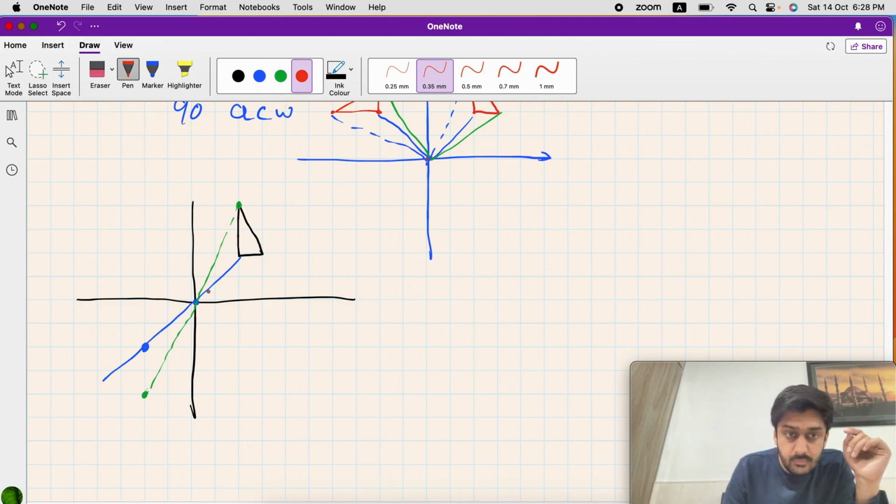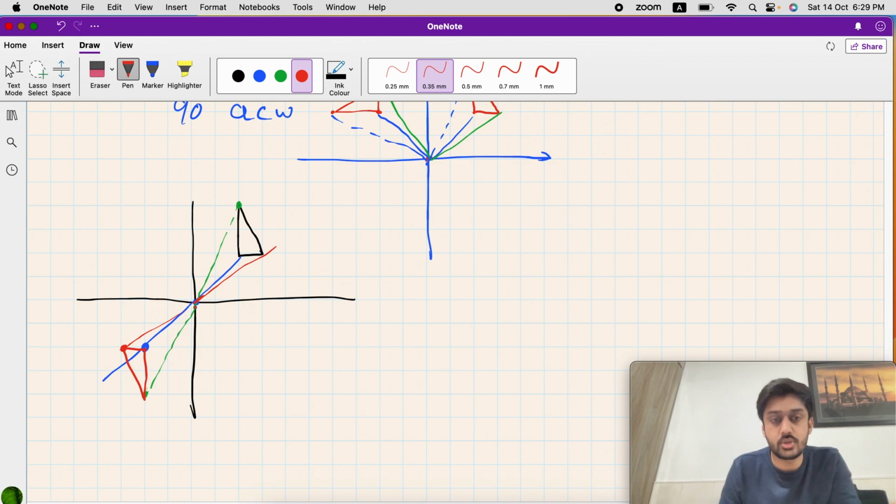Third point, place your ruler which passes through the origin and this point and stretch it the other way around, you get the third point. This is 180 degree rotation about the origin.